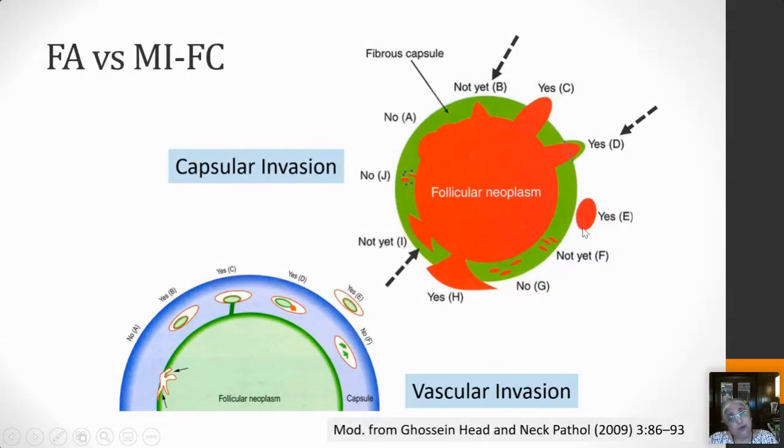You might have some problem with E, in the sense that you sometimes see nodules outside the capsule, and then you're not very sure, is this actually a portion of the tumor that is here as a nodule, or is this just a nodule in the surrounding thyroid tissue?